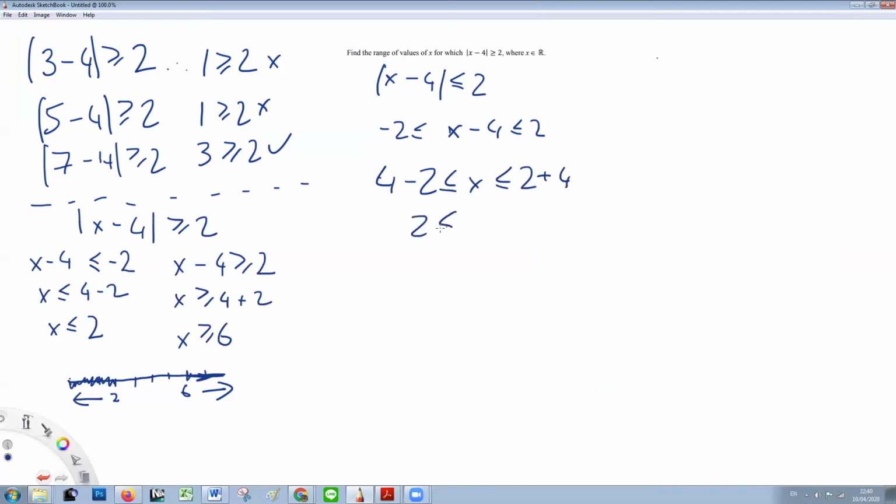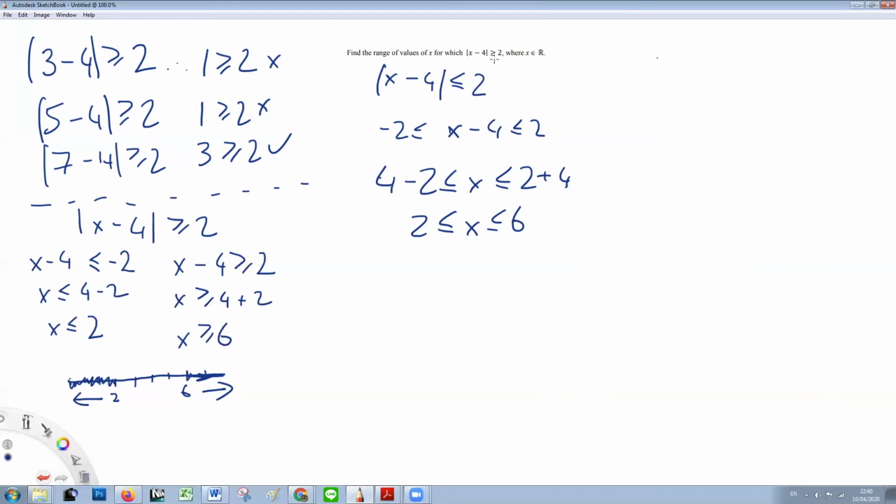So we're left with 2. So it's a bit of an easier question, but the sign has to be in this format. So you have to be saying the absolute value part is less than this part. Here we have the absolute value element greater than that part, and hence you have to do it this way.